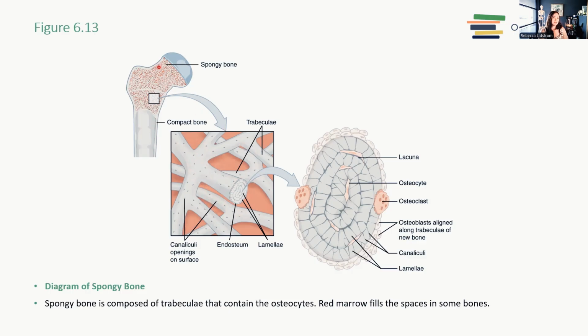It's not that spongy bone is not strong, because here you can see this trabeculae pattern, which actually does make it really strong. You can see those concentric rings. We see the osteocytes, osteoclasts, and osteoblasts all there to help the maintenance of the overall bone health.